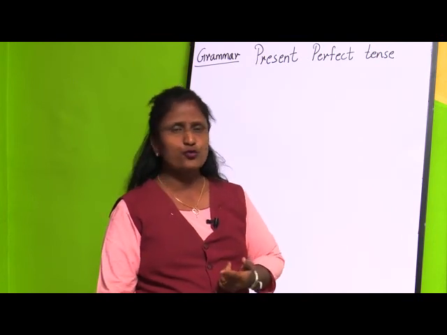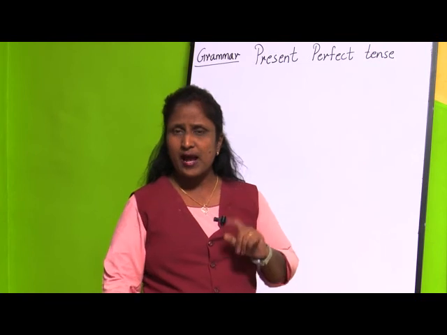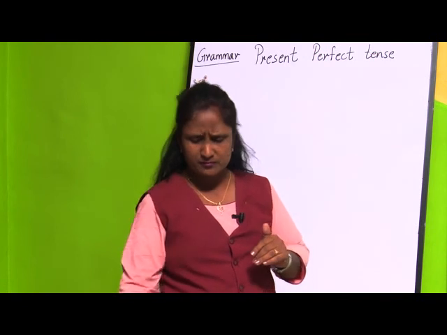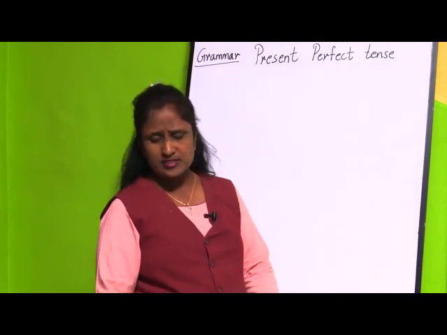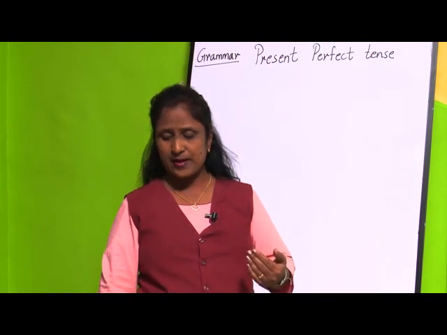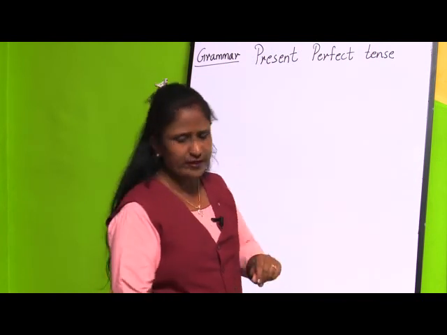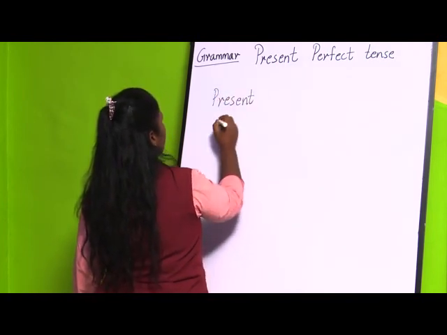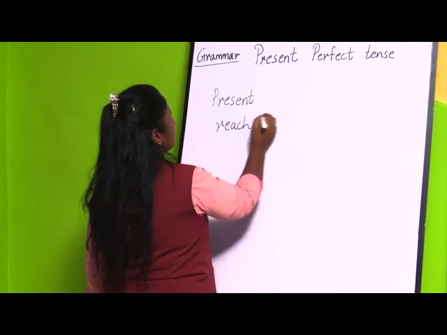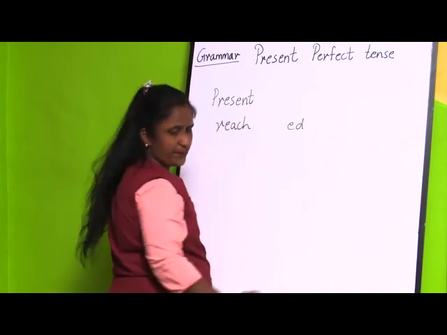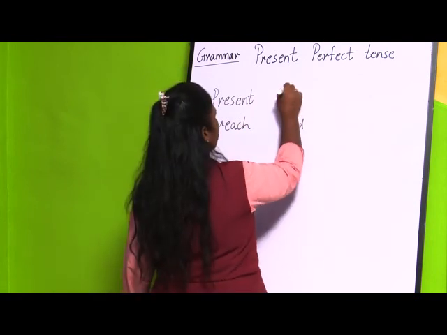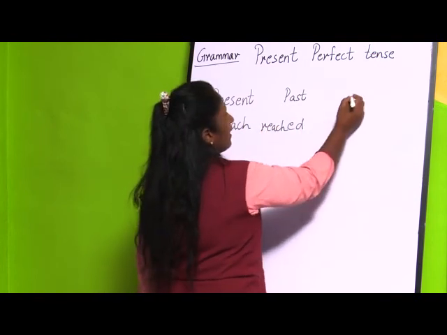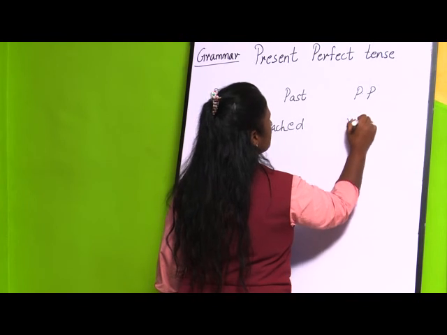So next, I told you we are going to see how we form the past and past participle forms. There are some rules over here. See, first case is what? In most cases we form the past and past participle by adding ed. For example, in present tense, if I take the word reach, I am going to add ed here for the past tense, that is reached, and the past participle will also be the same, reached.